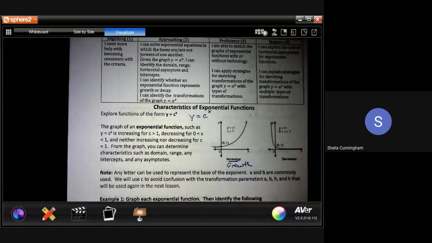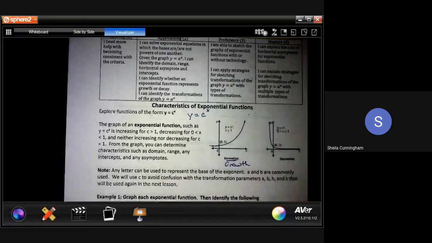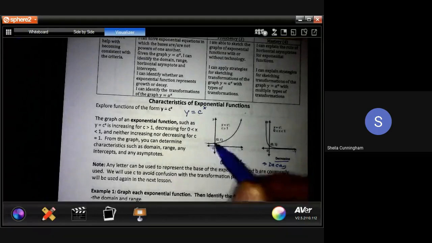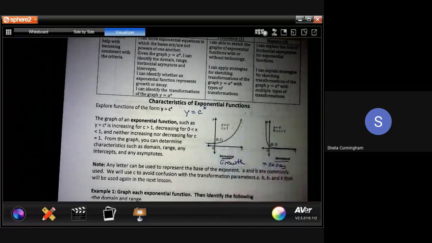It's exponentially growing as we go in this direction. The other graph is one that, as we read it from left to right, is decreasing. This would be considered a decreasing graph, or you might have heard of exponential decay, as with certain isotopes, or in science when you're talking about decay. So decreasing and decay go hand in hand, where growth and increasing go hand in hand.